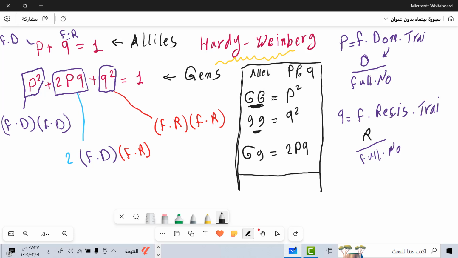If he asks about capital G, it means the second formula, and if he wants p squared, it means homozygous dominant. If he writes small g, it means homozygous recessive.